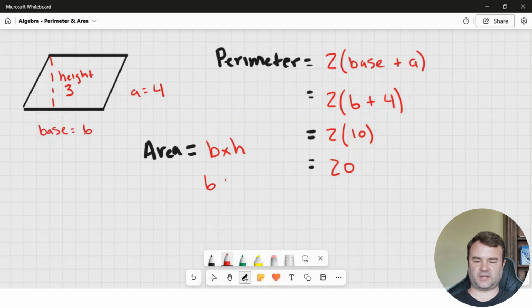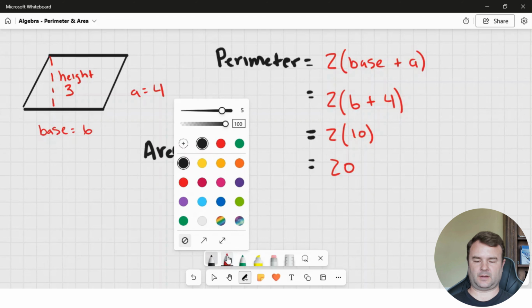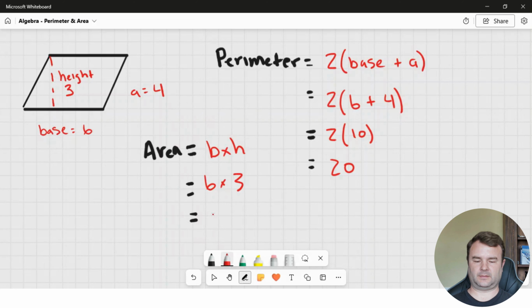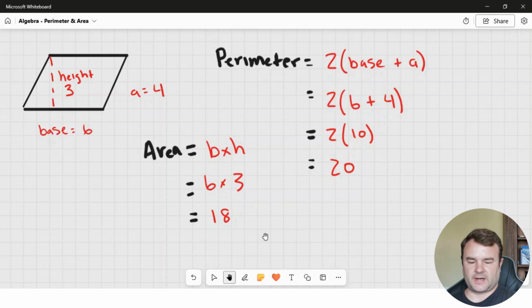Our base is 6 times the height is 3, and our area is 18. 18 units squared, 18 feet squared, 18 centimeters squared, you get the idea. So basically the area is 18 units squared. All right, that does it for the parallelogram. Now let's move on to the triangle.